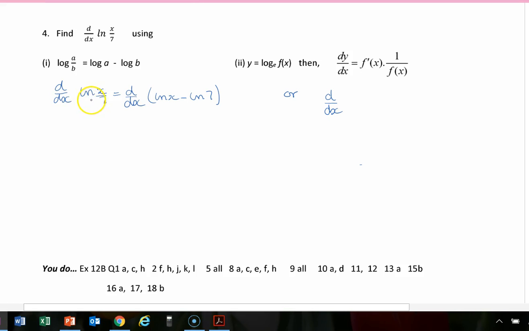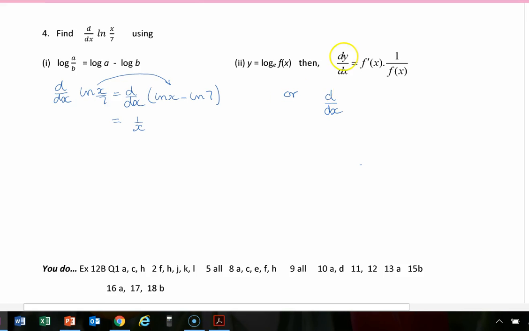And so you would have that d dx of x on 7 could be separated into, so this is just using the log rule, separate it and put a subtraction. Now to differentiate, I would differentiate log x, and log of x gives me 1 on x, but log of 7 is a constant. It's a number, it doesn't have any x term in it, and differentiating a constant you get 0. So we're finished.